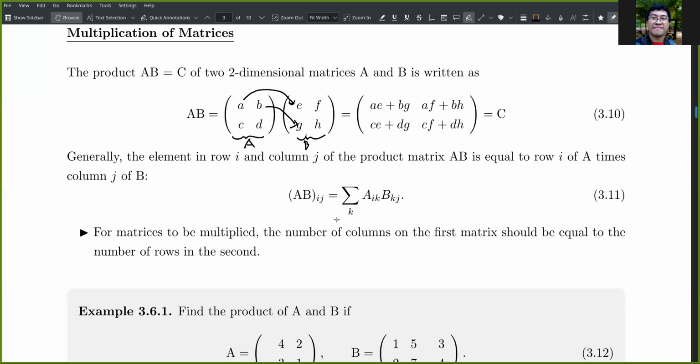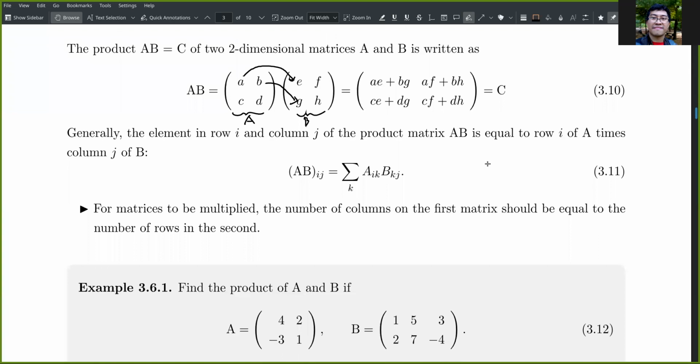So by this multiplication here, it means that we're doing row times column. If the row has these elements and the column has these elements, multiplying them means you first multiply corresponding terms according to order, and then you add the terms.